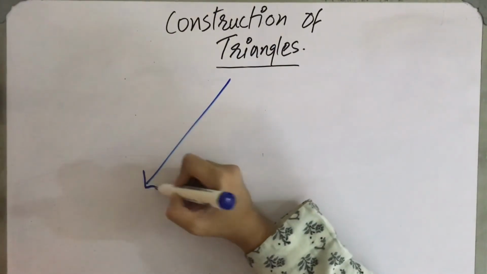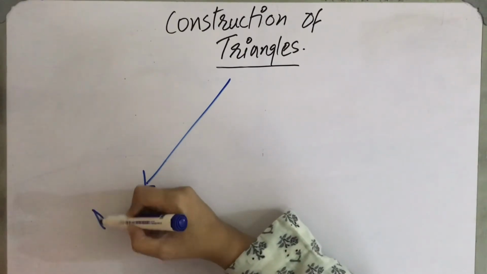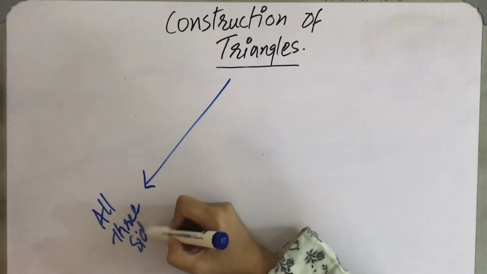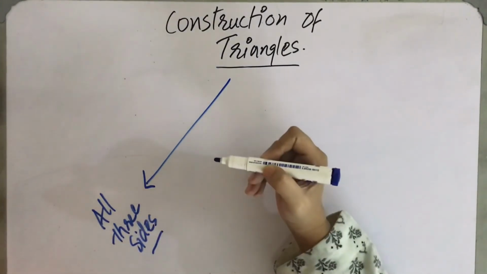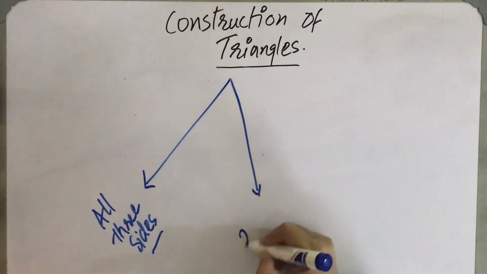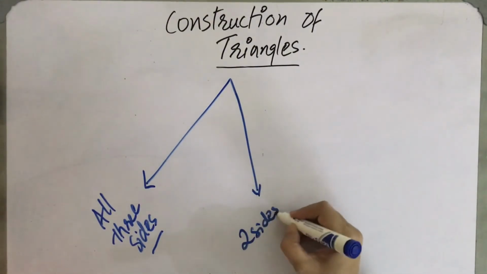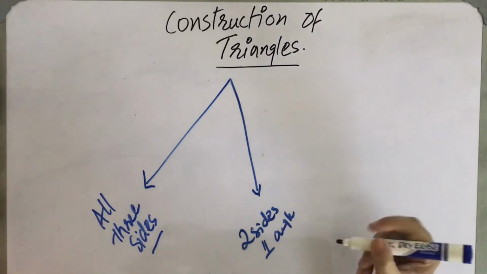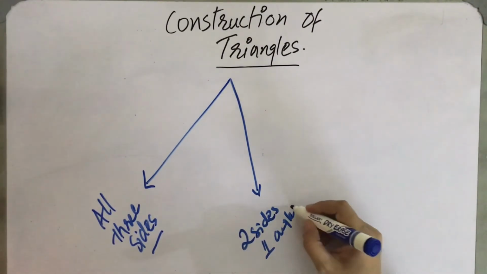The first type is when you have all 3 sides. When you have all 3 sides, you should draw the longest side on the bottom, right? When you have 2 sides and 1 angle, try to draw that side which is longest and also check that angle is on that side.